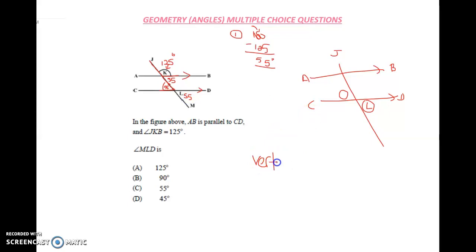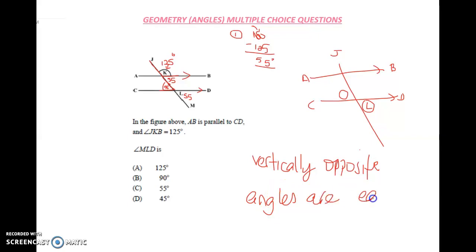So vertically opposite angles are equal. Makes angle MLD, so MLD is 55.